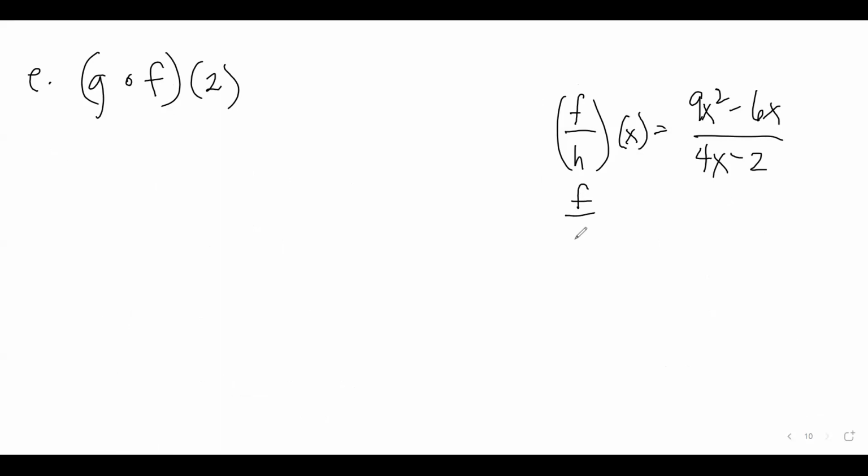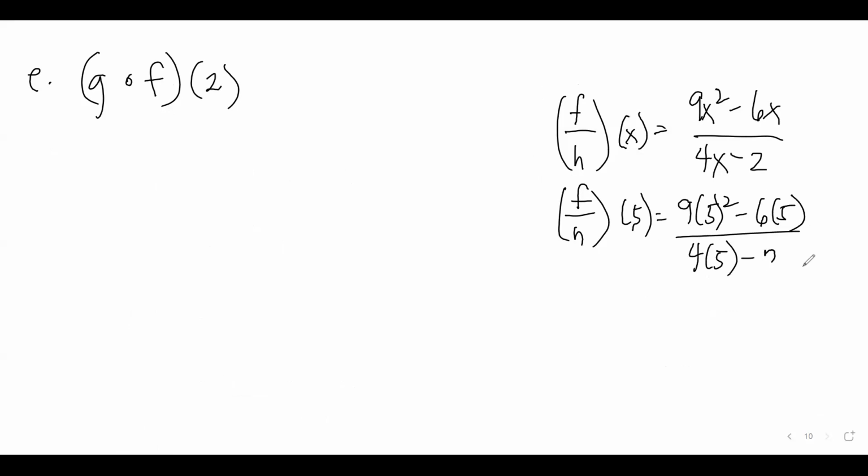Palitan natin ng 5. F over h of 5 is equal to 9 times 5 squared minus 6 times 5 over 4 times 5 minus 2.